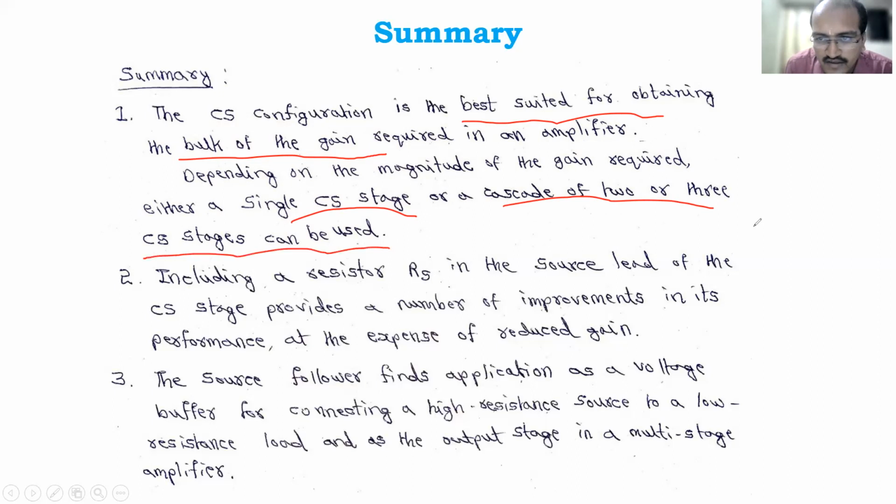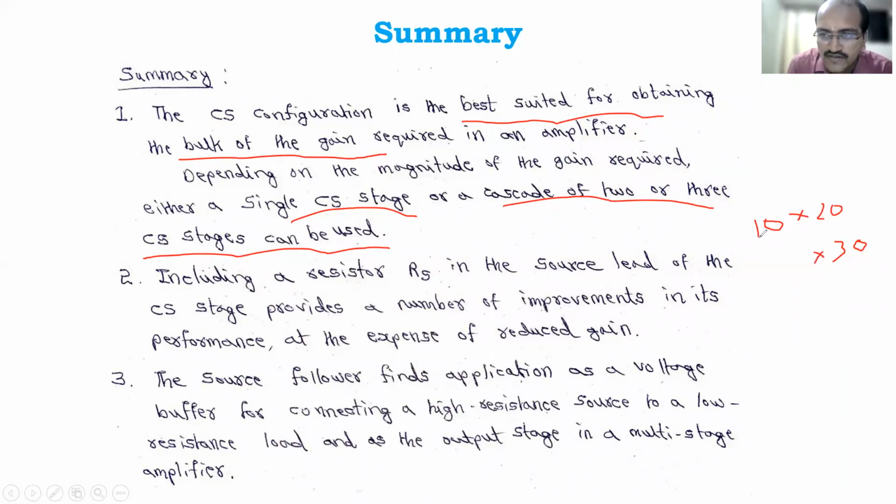For example, the first MOSFET stage may give you a gain of 10 volt per volt, the second stage may give 20, then the third stage may give 30. Just for example, I'm considering. The total gain will be the multiple of these: 10 into 20 into 30. So that much is the gain, because every stage will magnify.